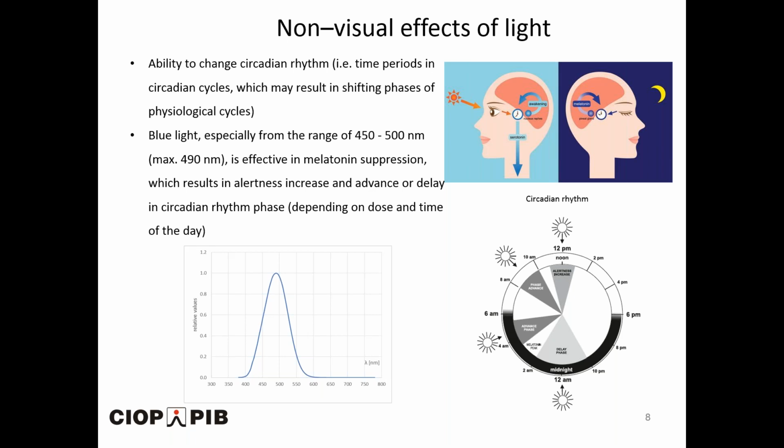In the night, the process reverses, and we should be expecting lower and lower amounts of blue light, and in this process we should have more and more melatonin in our system.